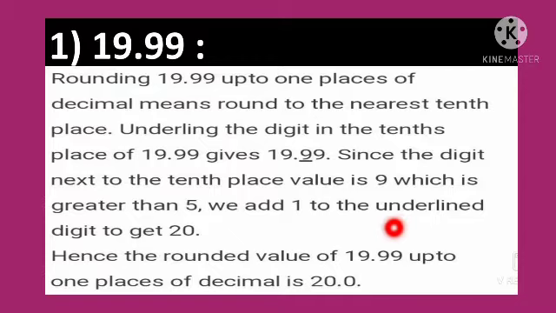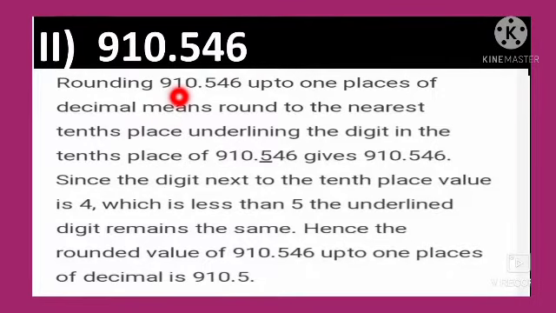So, remember in this problem, up to 1 place means that we round to the nearest 10th. Next, 910.546. It is a decimal number. Here, rounding 910.546 up to 1 place of decimal means the first digit after the decimal point in the decimal part.